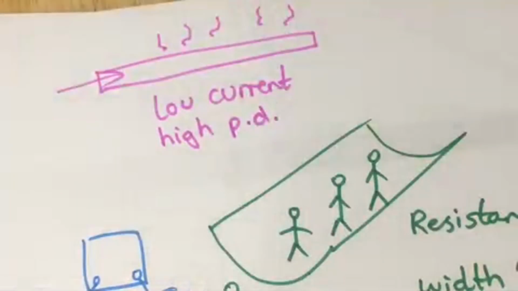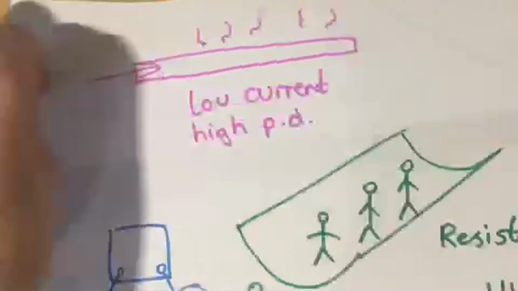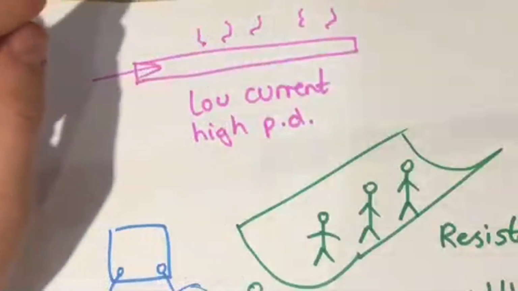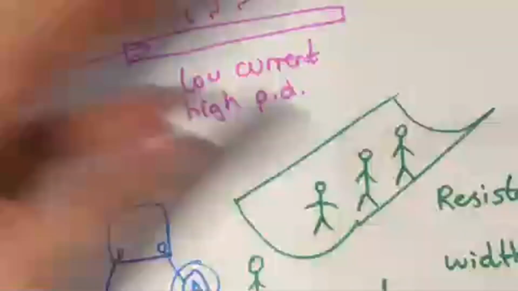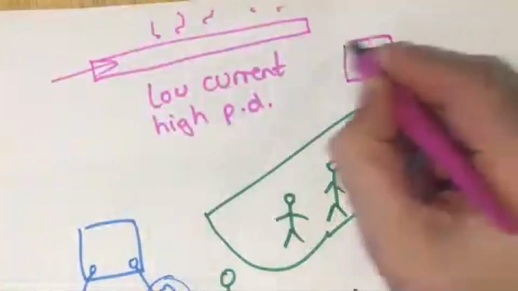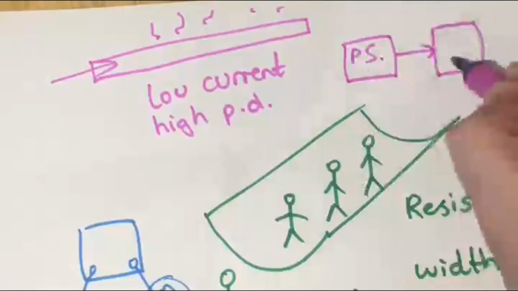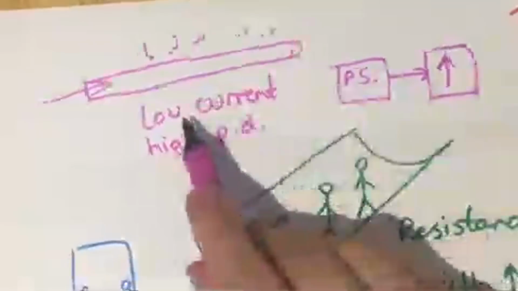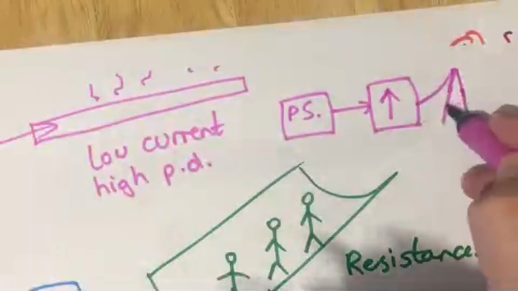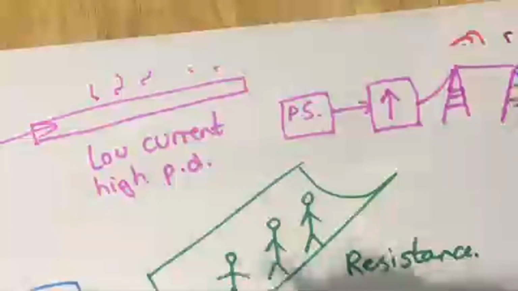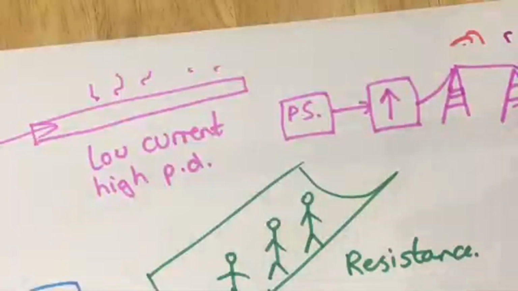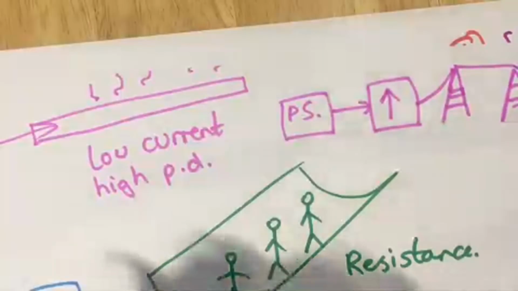Again, you want low current because if the current is high, it's going to make the wire warm and it's going to lose energy. So what happens is you generate your electricity at the station, then a step-up transformer makes it into this low current, high potential difference. You go across your pylons like that, and then I go to a step-down transformer and into your home.